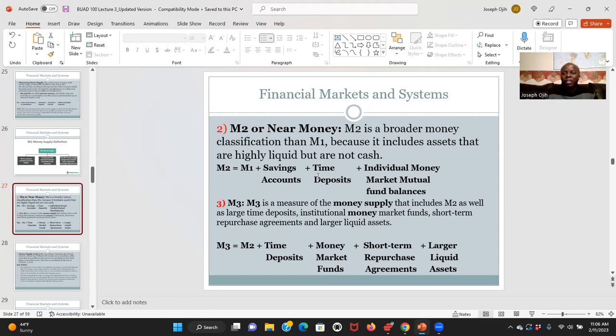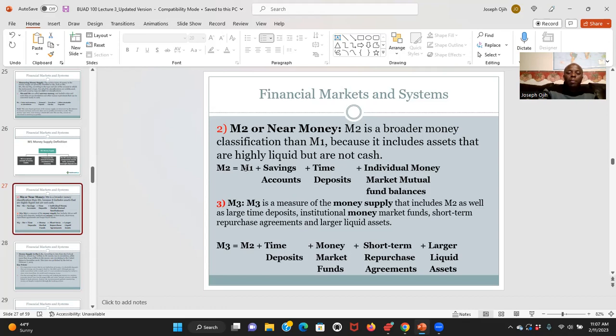So that's why it is not as liquid as the M1 classification. Then individual money market mutual fund balances are also included in this classification.